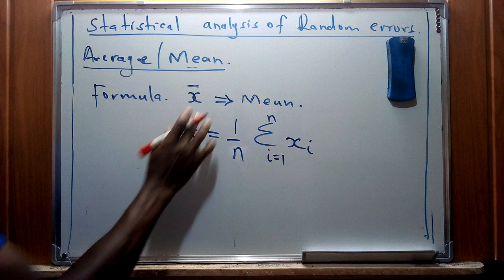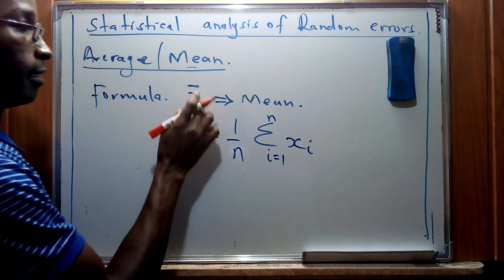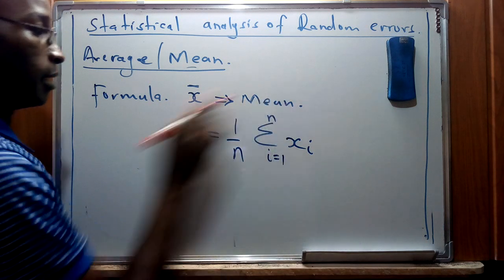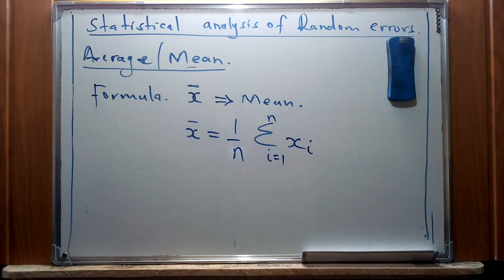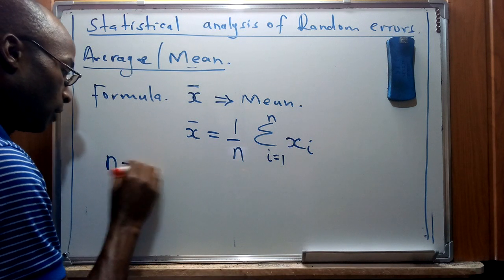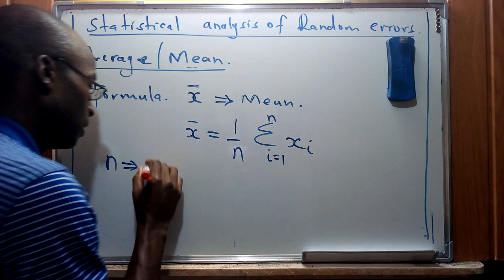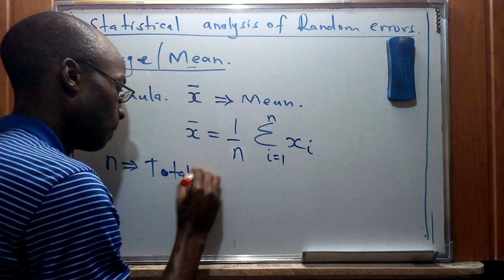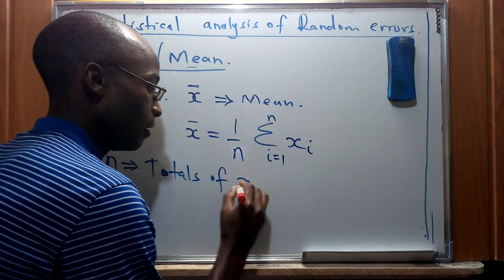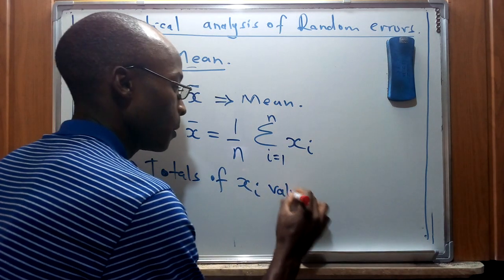In this case, I've given the first initial, x, which has that specific symbol implying the mean, whereby n is going to imply the total, the total number of x values.